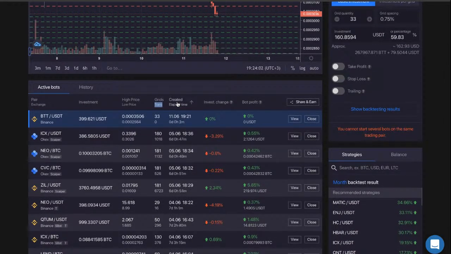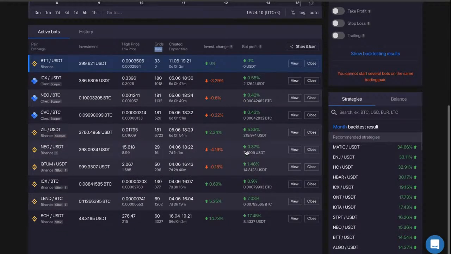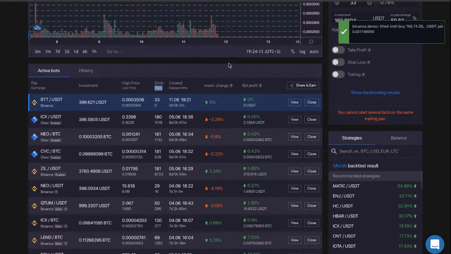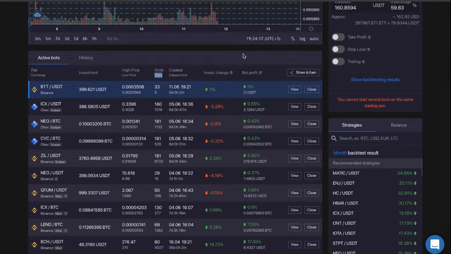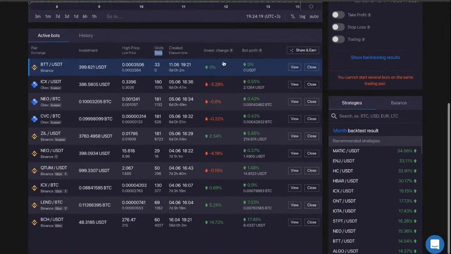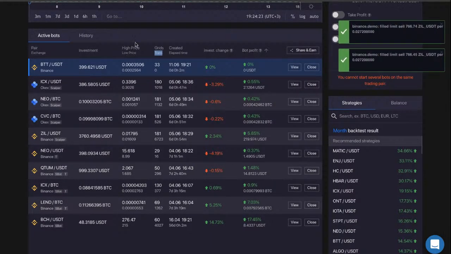And here you have the created time, elapsed time, basically the duration, and here comes the investment change and the bot profit. Many traders that are already using the Bitsgap platform have some troubles when it comes to investment change and the bot profit.